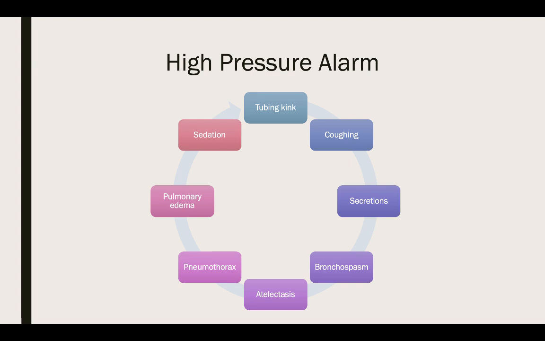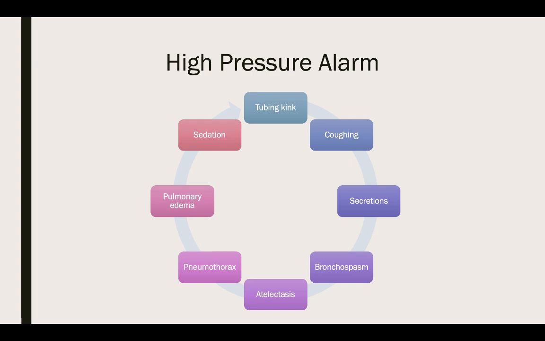It's going to cause a lot of back pressure and cause the alarm to go off. Lots of secretions, we can deep suction those out pretty easily. Any bronchospasms, any airway resistance issues are going to cause high airway pressures. Remember that. And then we get into pneumothoraces, pulmonary edema. Those are going to cause high pressure alarms as well.